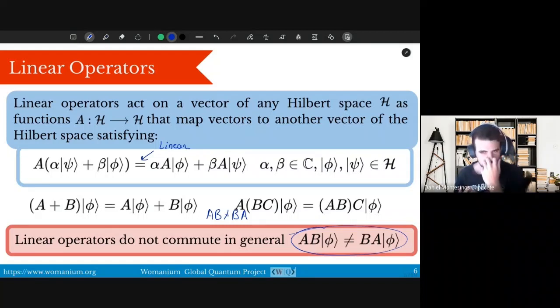This is a key point in quantum mechanics, and we will understand why in the next lecture. But believe me, quantum mechanics wouldn't be the same if it weren't for this interesting property: there are some operators that commute and there are other operators that don't commute. So keep that in mind.